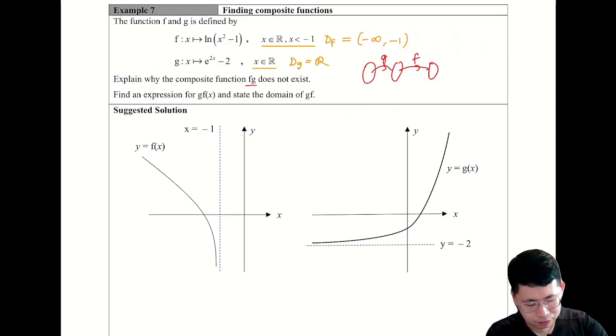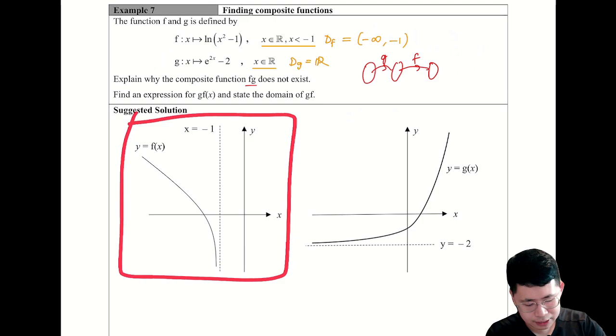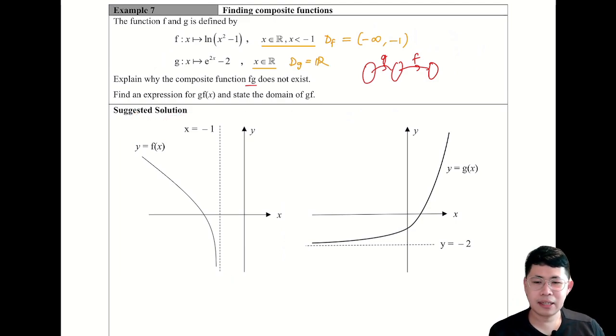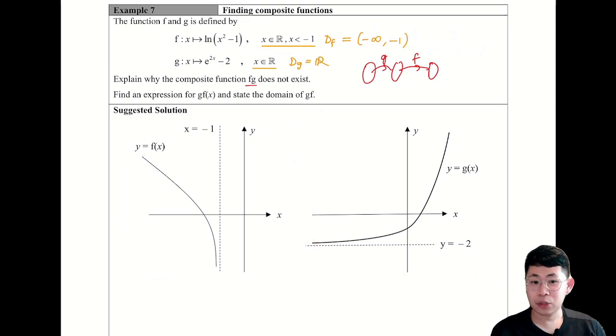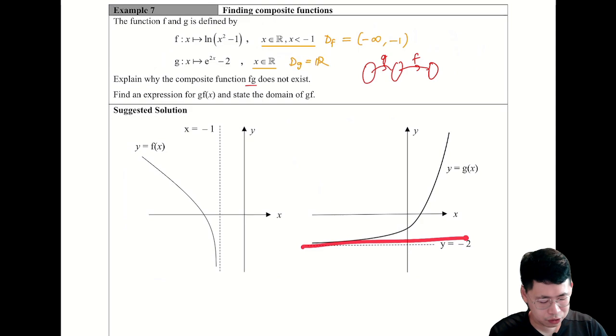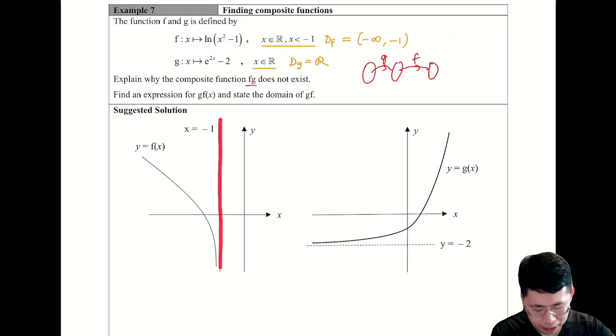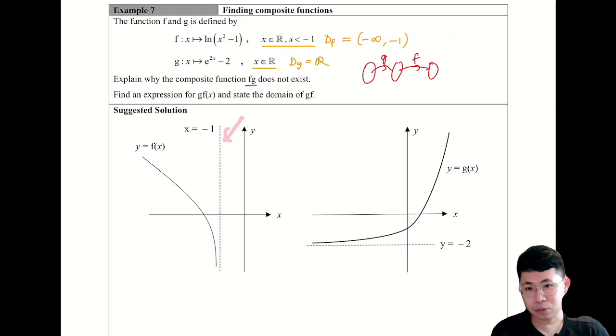The first graph is the graph of y equals f(x). You can easily use your graphing calculator to verify that this is the shape. Make sure that you pay attention to the domain and restrict your x minimum and x maximum. Then there's also the graph of g(x), which is an exponential graph with the horizontal asymptote over here. For the ln graph, one more time, it usually has a vertical asymptote at the place where the function is not defined.